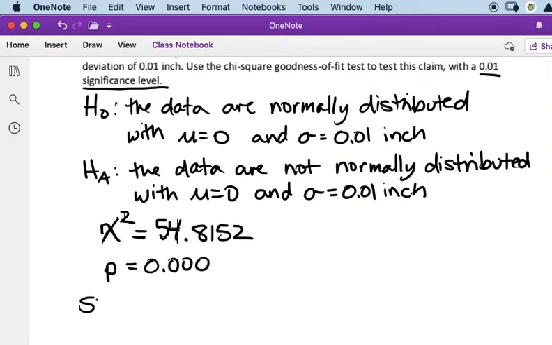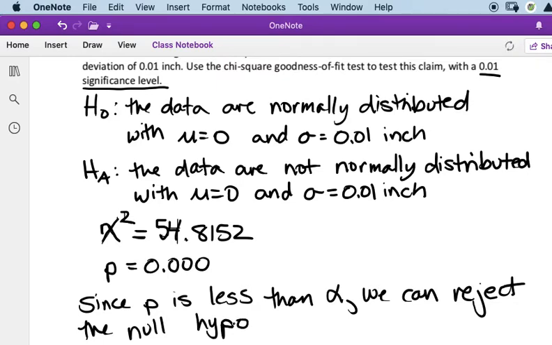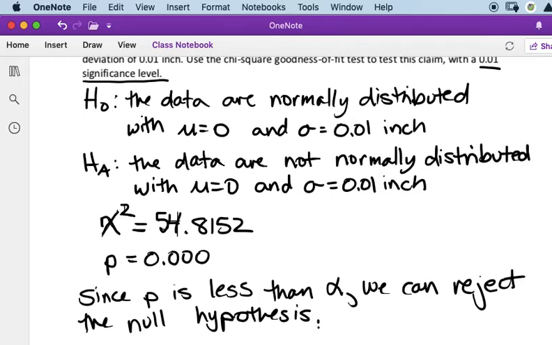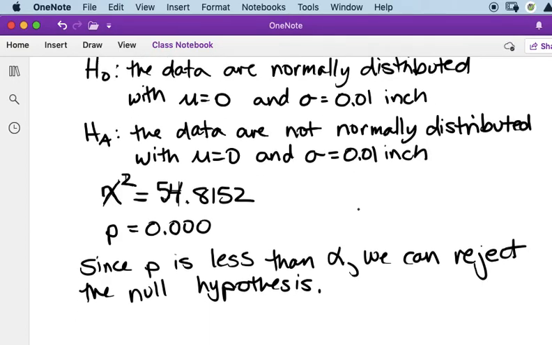So since p is less than alpha, we can reject the null hypothesis. So what does rejecting the null hypothesis mean? Well, it means we have evidence to support the alternative hypothesis.